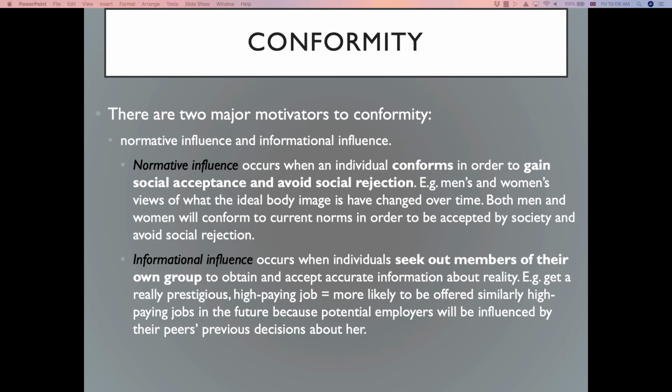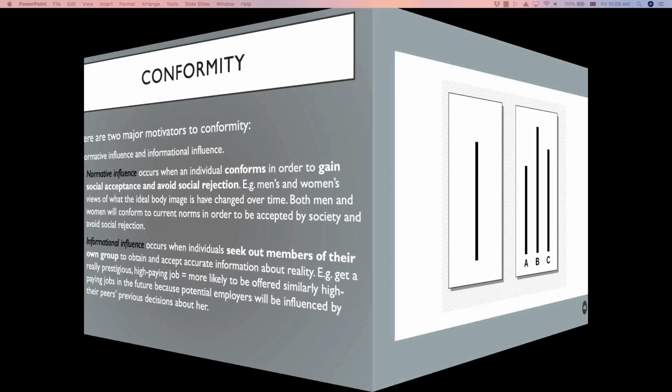Maybe we find out that they're also a nurse, or maybe we find out that they're also studying psychology. This can influence our behaviour and change the way in which we see a member of that group, and influence the way in which we behave.